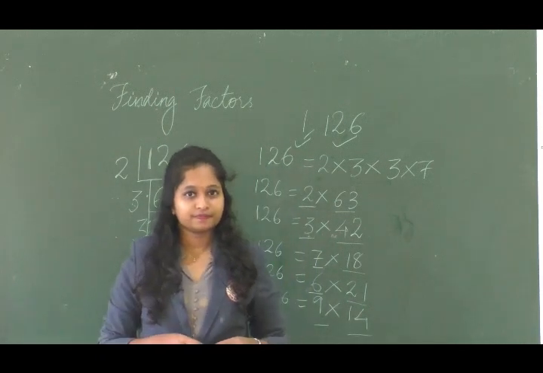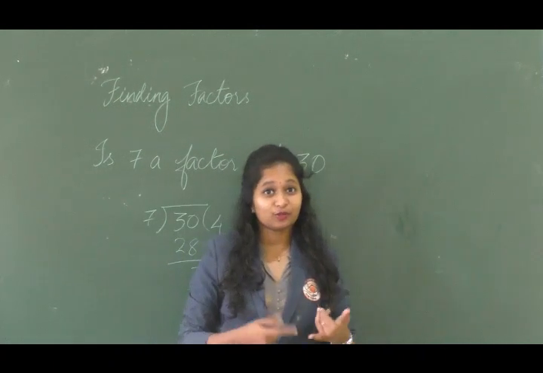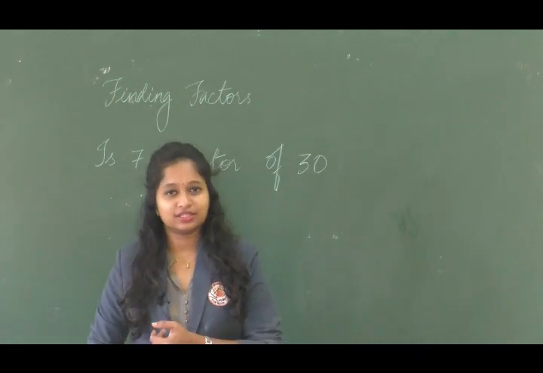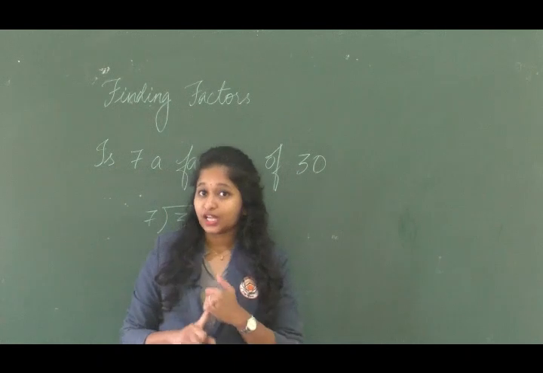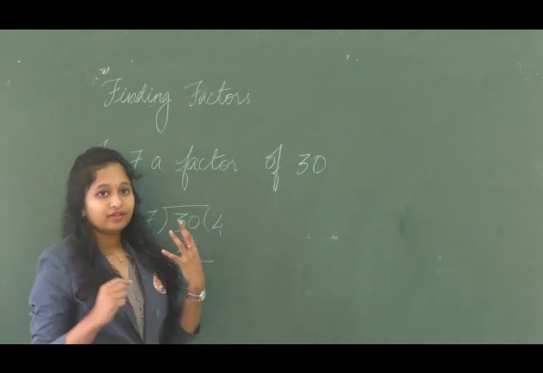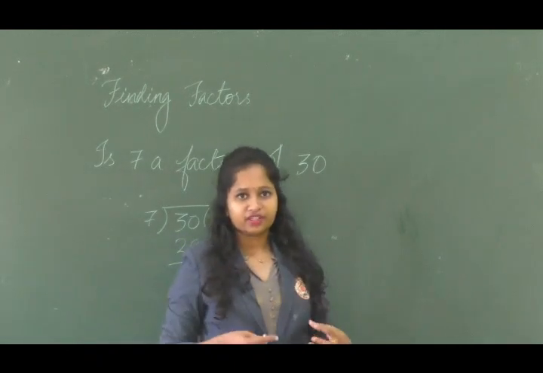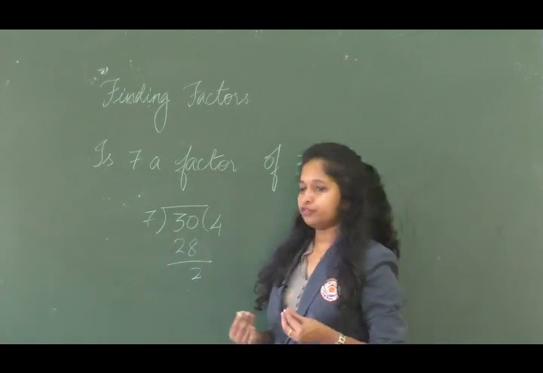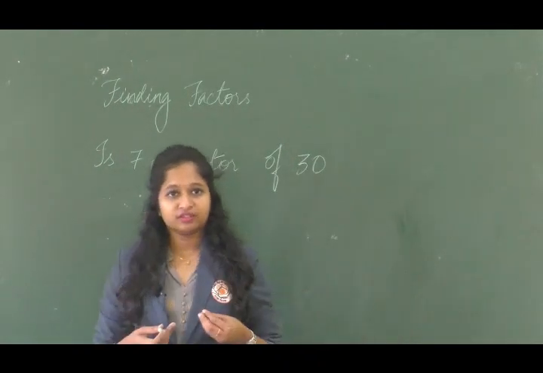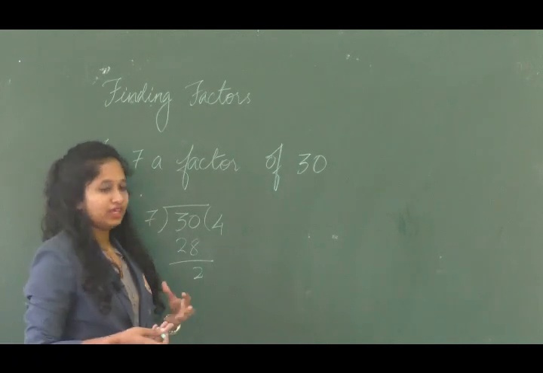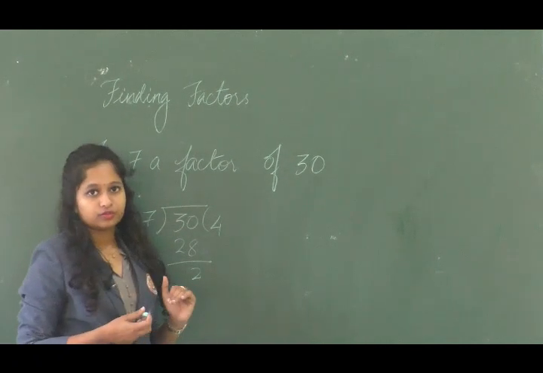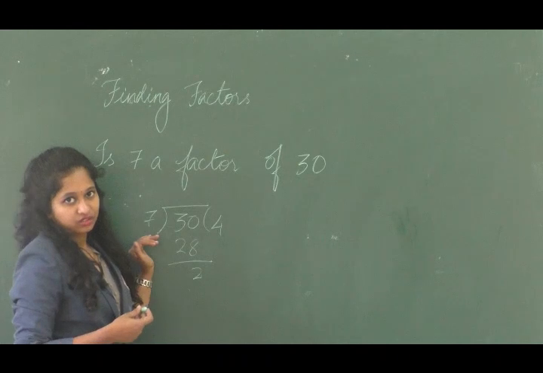Got it? So children, we learned how to find the factors, isn't it? Now let's see whether one number is a factor of another number. As we did for finding multiples, the same way let's do division.